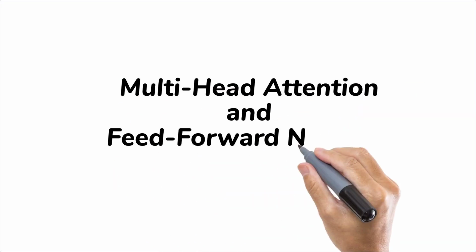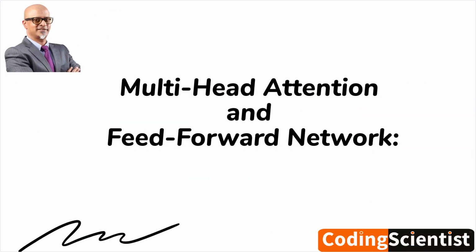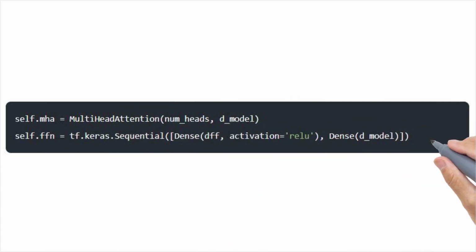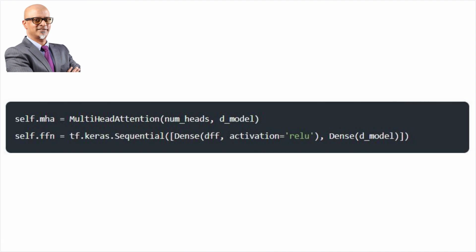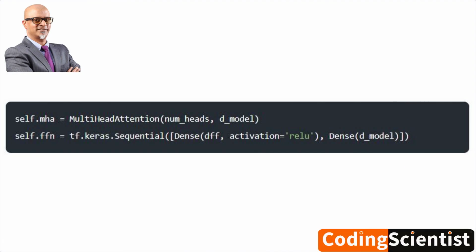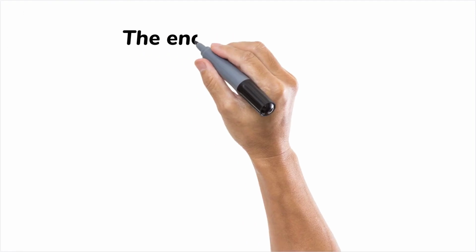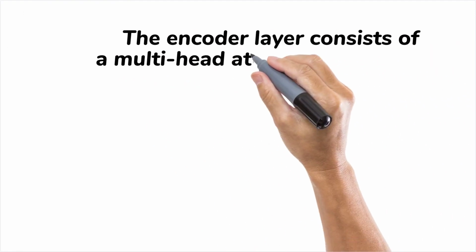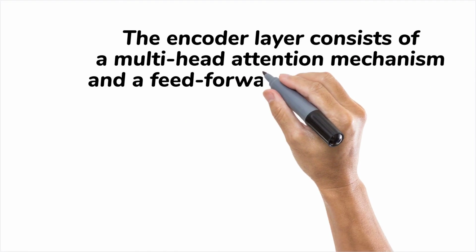Multi-head attention and feed-forward network. self.mha = MultiHeadAttention(num_heads, d_model), self.ffn = tf.keras.Sequential([Dense(dff, activation='relu'), Dense(d_model)]).